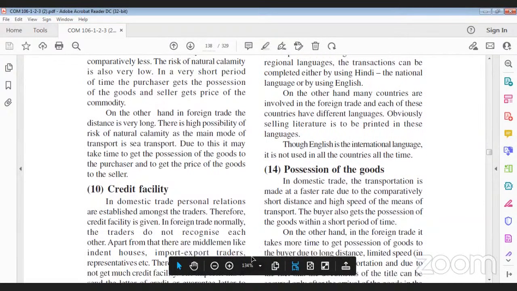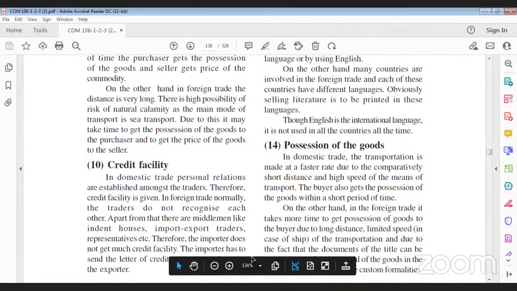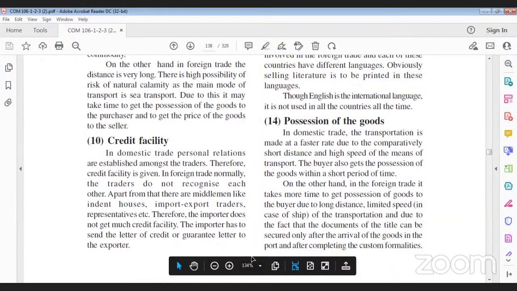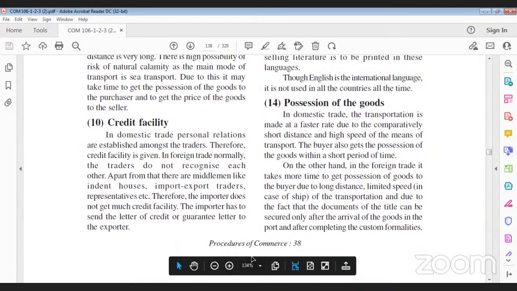On the other hand, foreign trade takes more time for the buyer to get possession of the goods due to the long distance and limited speed of ships, and because the document of title can be secured only after arrival of the goods at the port and after completing customs formalities also.